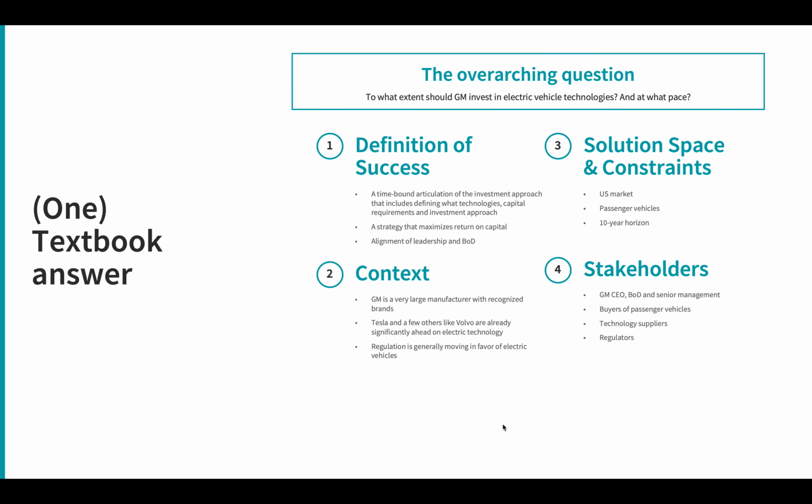Point number 2, I get a lot the question of, hey, for the overarching question, I get lost, I get stuck on where to start. So here's a very quick tip. Think about the economics and the stakeholders, what the economics dictate and what the stakeholders are going to care about. And very often, this is where your overarching question is hiding.